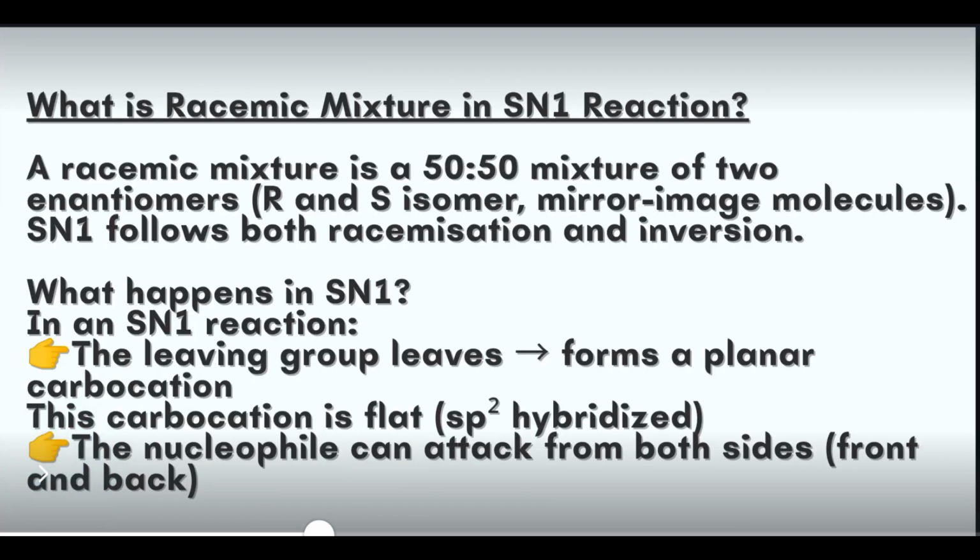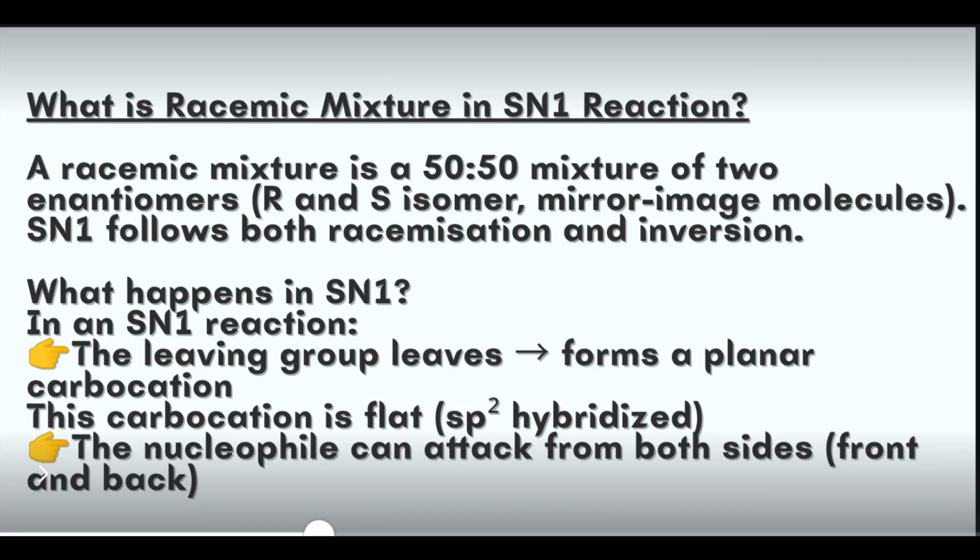Next, we'll see what a racemic mixture is in the SN1 reaction. A racemic mixture is a 50:50 mixture of two enantiomers, R and S isomers, that are mirror image molecules. SN1 follows both racemization and inversion. So, what happens in SN1? The leaving group leaves and forms a planar carbocation. This carbocation is flat and sp2 hybridized.